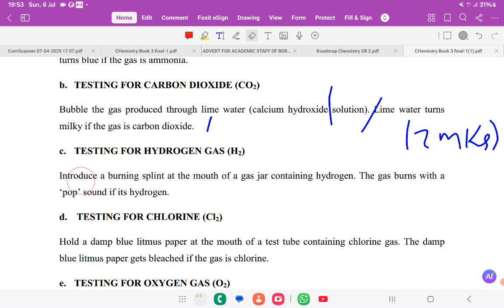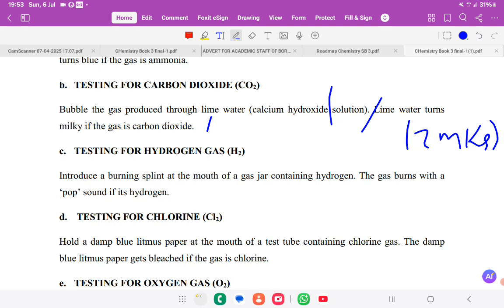So you light a matchstick and bring it to the mouth of the gas jar containing the gas. If the gas produced is hydrogen, you're going to hear a pop sound. A pop sound is a small explosion, which means that the gas being produced there is hydrogen gas.